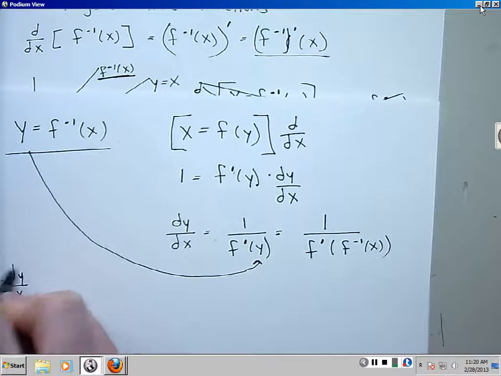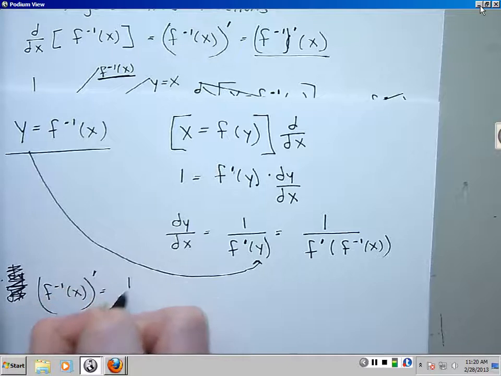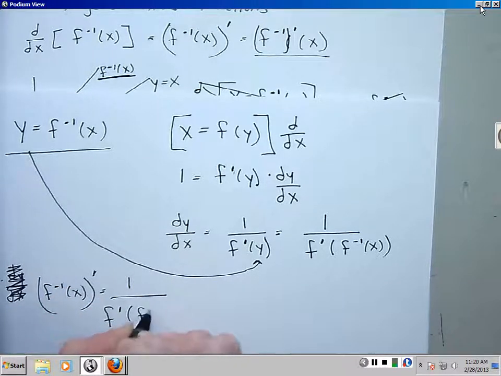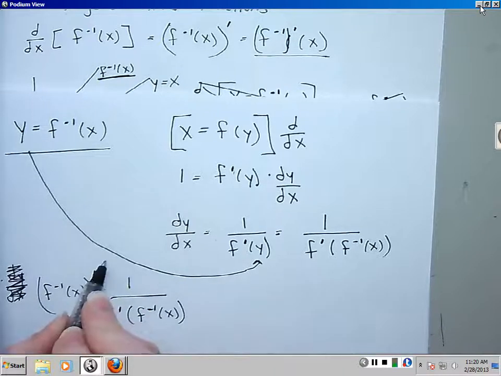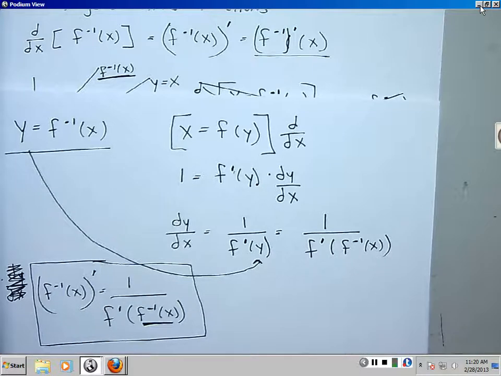Well, I want to call it what it actually is. This is saying the derivative of an inverse function equals 1 over the derivative of the original function, but you plug in the value of y. This is a number. This is y of the original function.